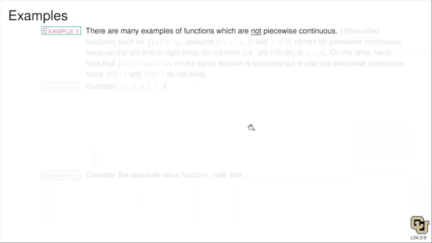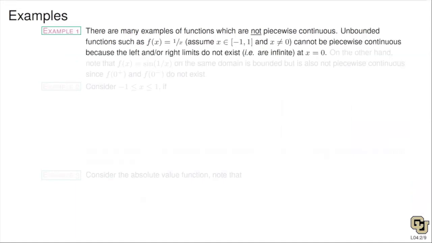Okay, so a quick example of functions that are piecewise continuous and that are not. There are many functions that are not piecewise continuous, especially because we're requiring finite limits. So obviously, 1 over x on the interval -1 to 1 is not going to be piecewise continuous, because the right and left limits at 0 are infinite, and we're not allowing any infinite limits.